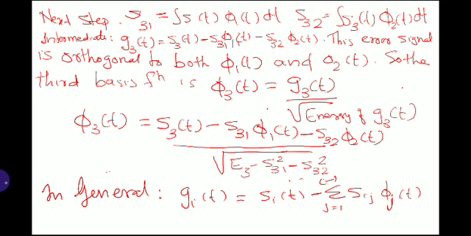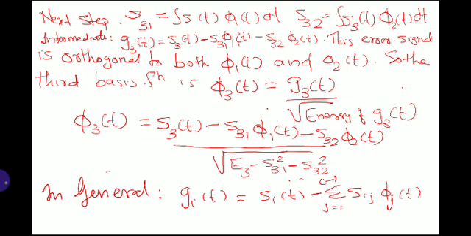So we have got a signal G3 of t which is orthogonal to both phi1 of t and phi2 of t. So we can consider that as our next basis function, but we need to normalize it, or we need to make its energy 1.